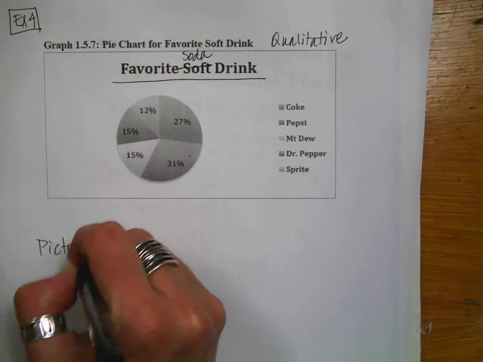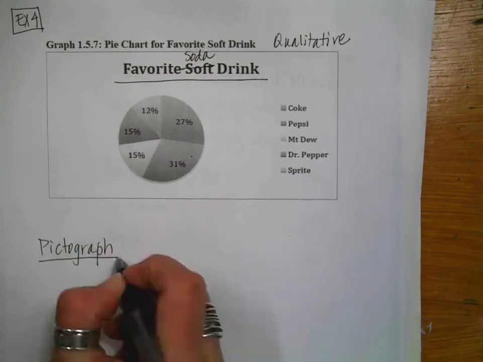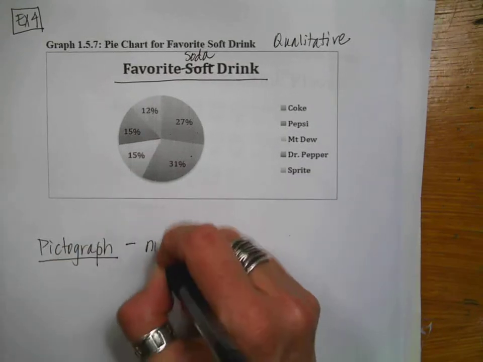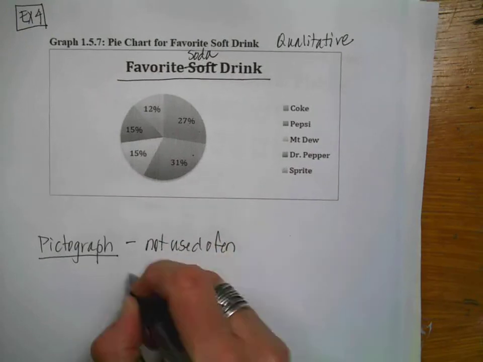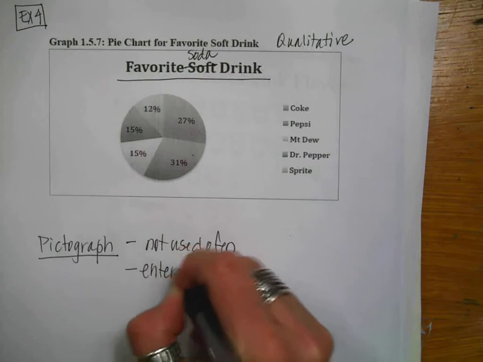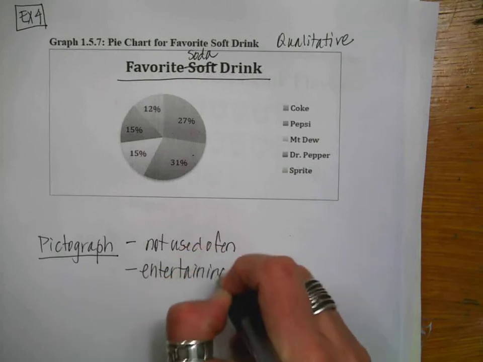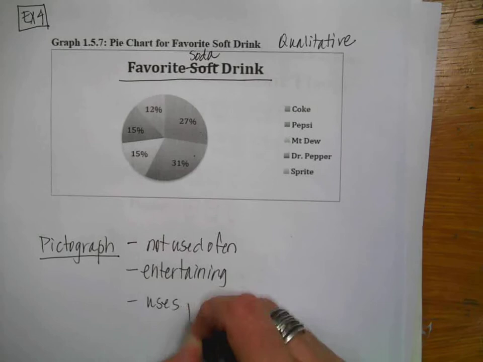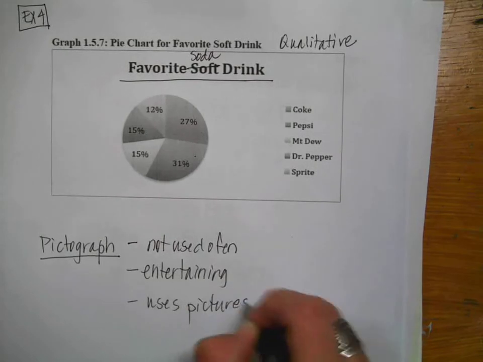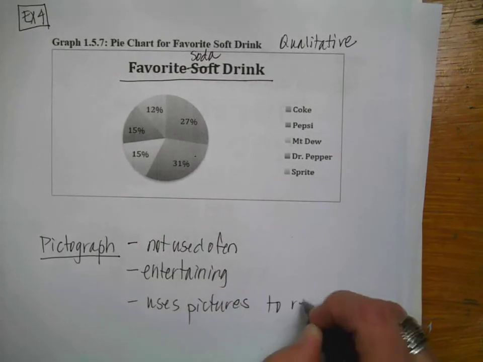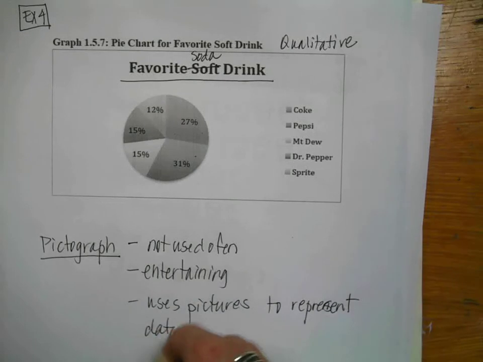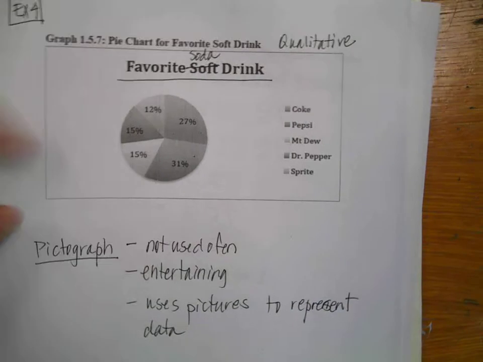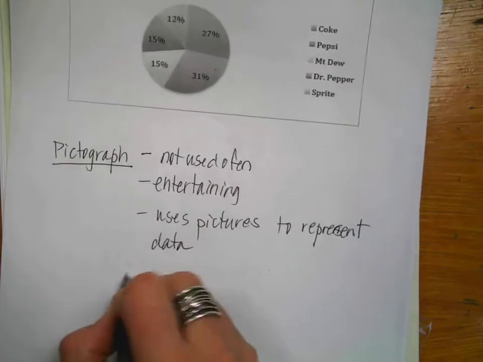The next type of picture that we're going to have is called a pictograph. And a pictograph isn't used very often, so not used often, but it is entertaining. And so it uses pictures to represent the data. Okay?